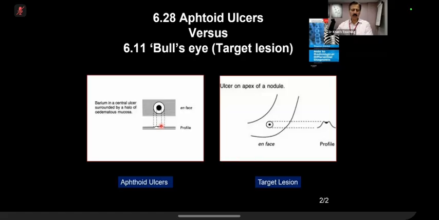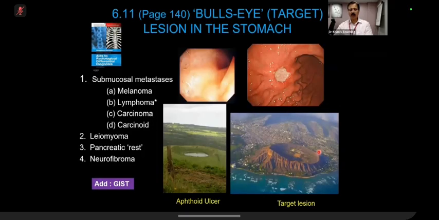So if you see here, aphthoid ulcer is the ulcer crater and the surrounding edema. Basically, target lesion is something like this. There is a mound and there is a crater. I remember it like this: target lesion is a bigger volcano, and aphthoid ulcer is a very small one.